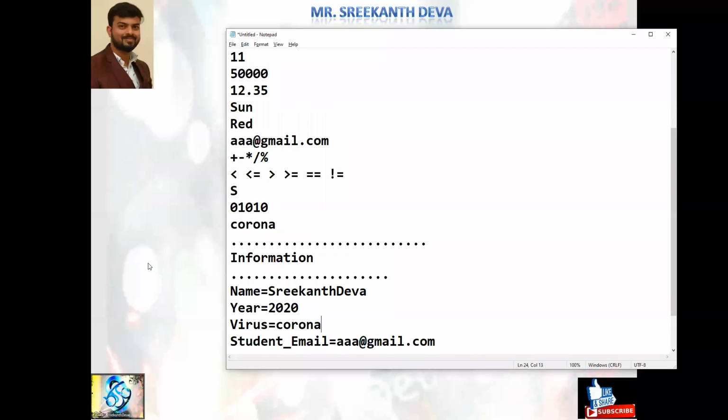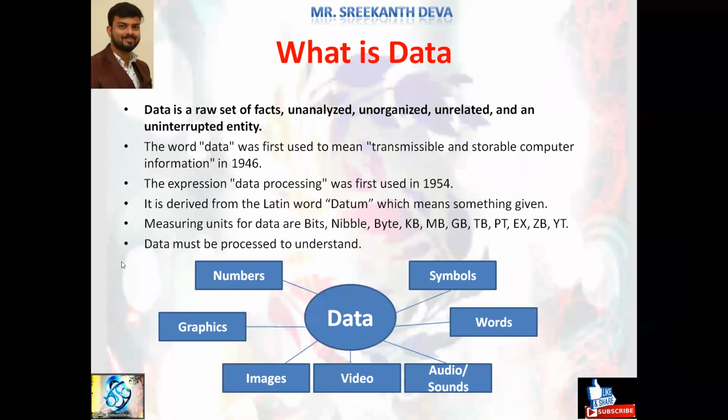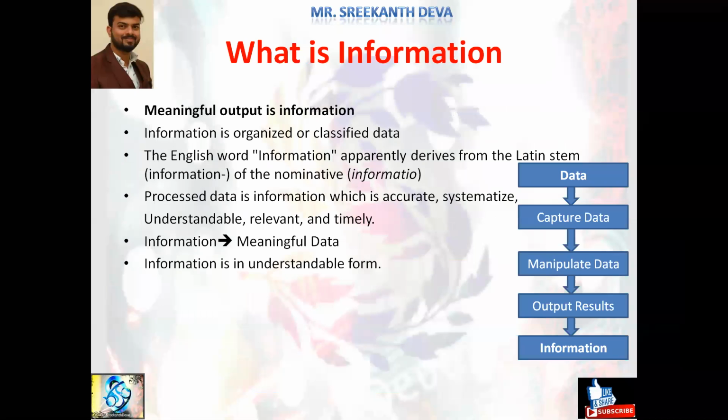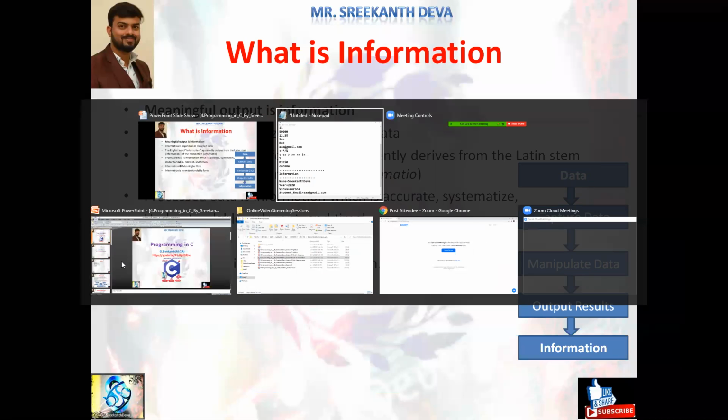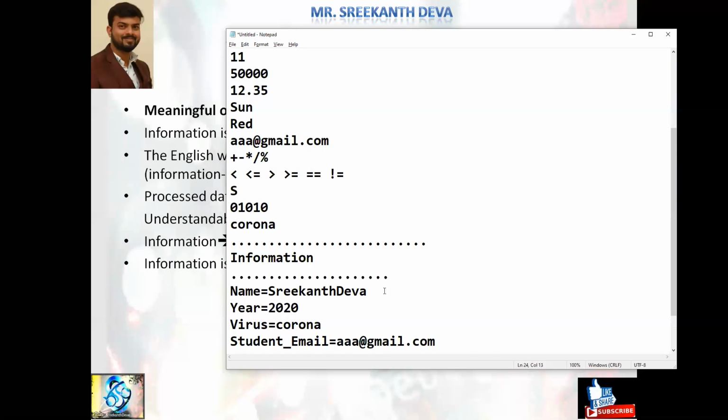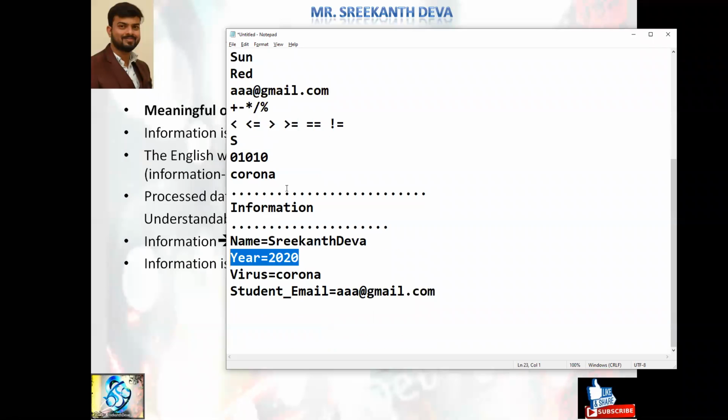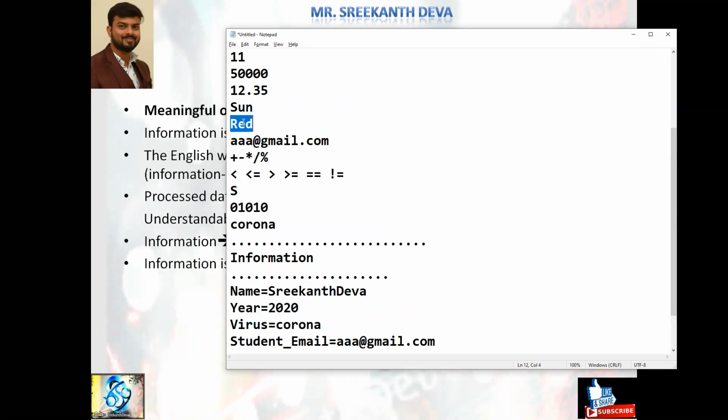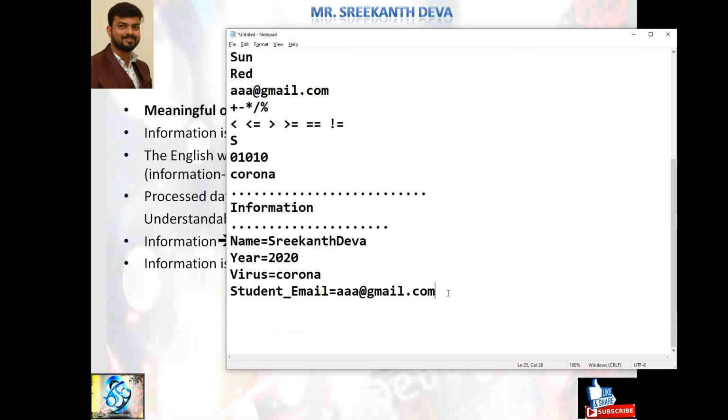See, I can give one more: red. Red is nothing but a name, a color, a city name, or a country name. It is a color, like that.